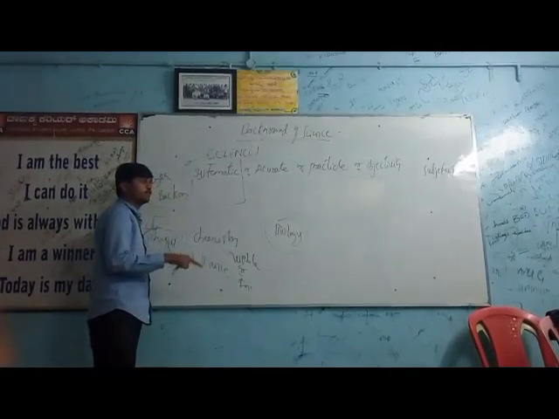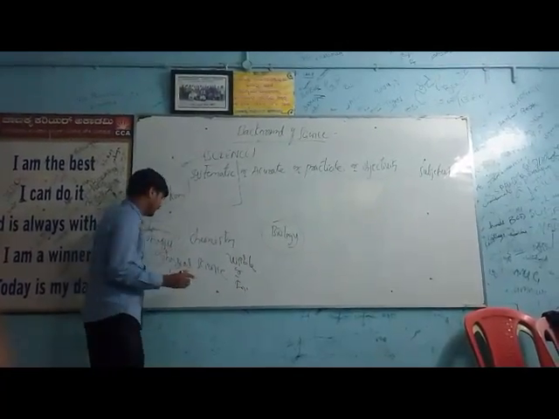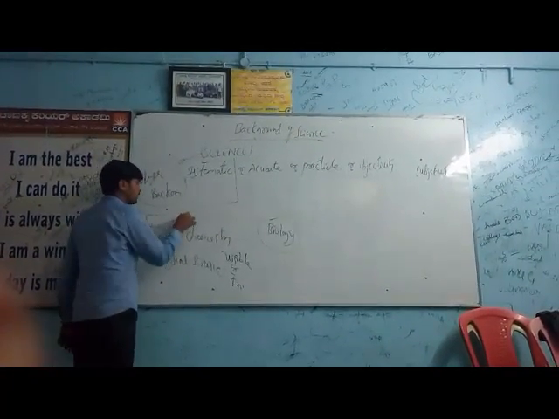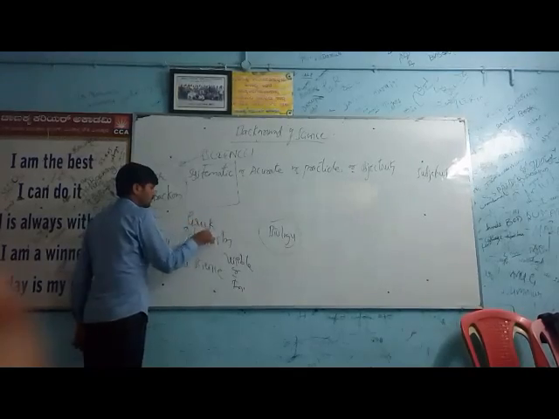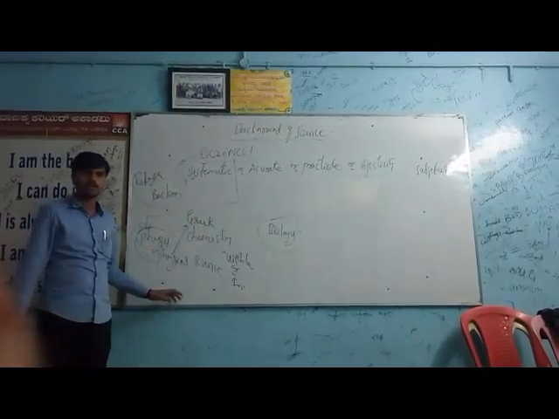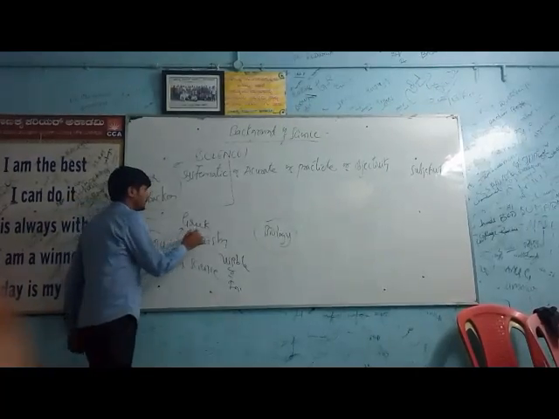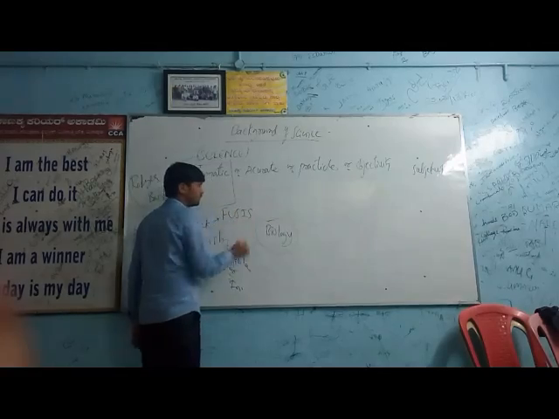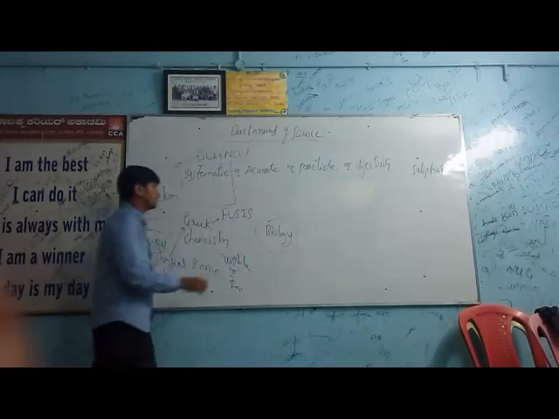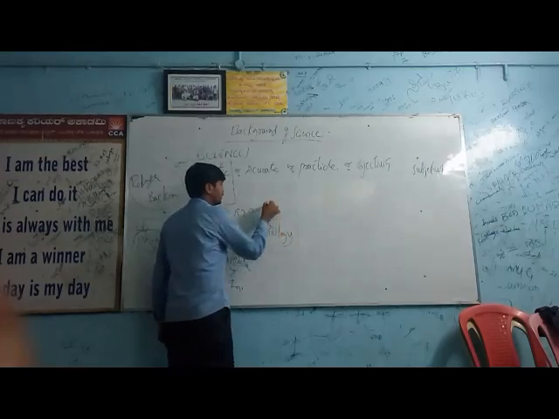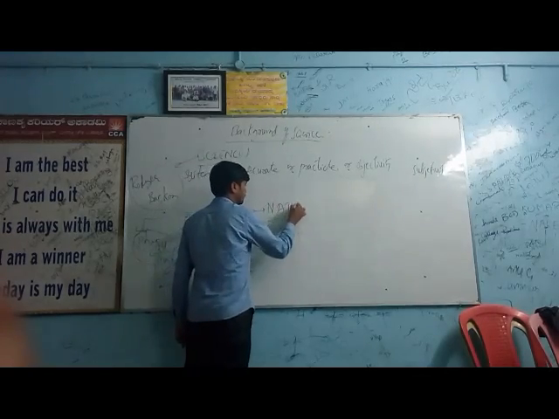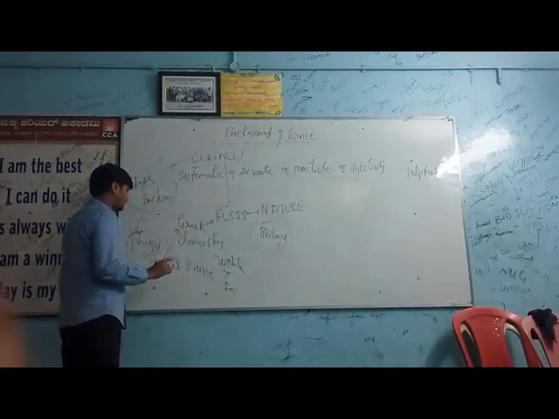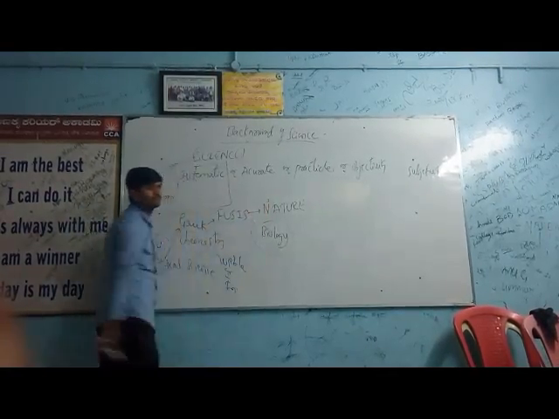The word physical science is derived from the Greek language. In Greek, physics is physis, F-U-S-I-S. Translated to English, it is simply nature. So finally, physics means nature.